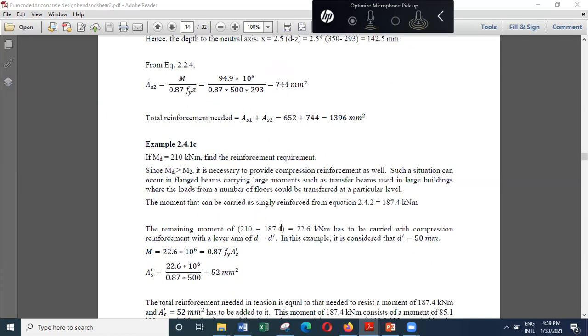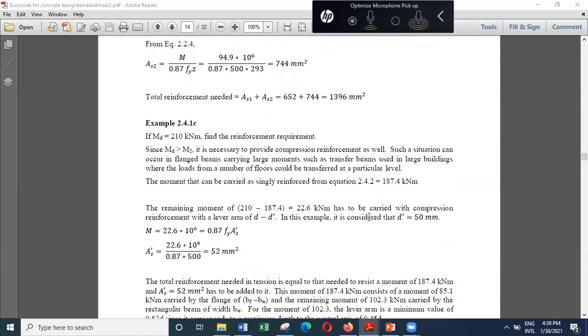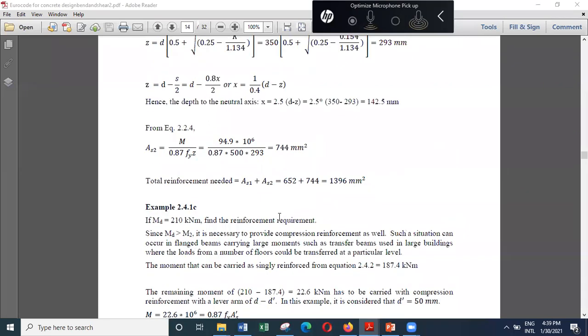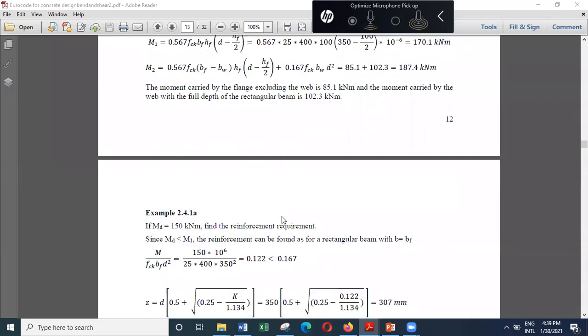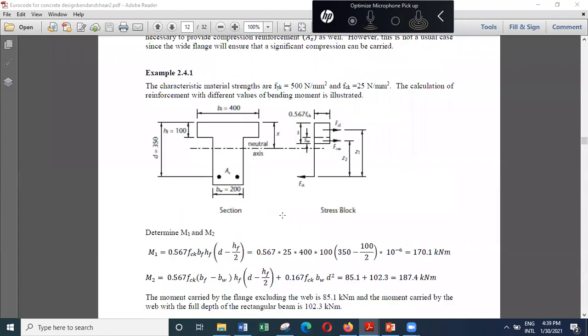So the remaining moment is this 210 minus 187.4, 22.6 kilonewton meters, which has to be carried with the compression reinforcement with a lever arm of D minus D dash. So D dash is considered as 50 millimeters and D is considered as 350 millimeters.